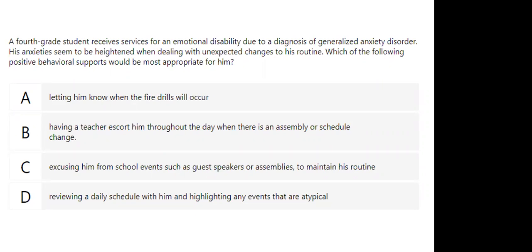And we know post-COVID, we have many students that are not diagnosed, but could be diagnosed as having some type of anxiety disorder. So we need to be conscious of that in our classrooms and consider that as well when we're answering this type of question. Which of the following positive behavioral supports would be most appropriate for this student?